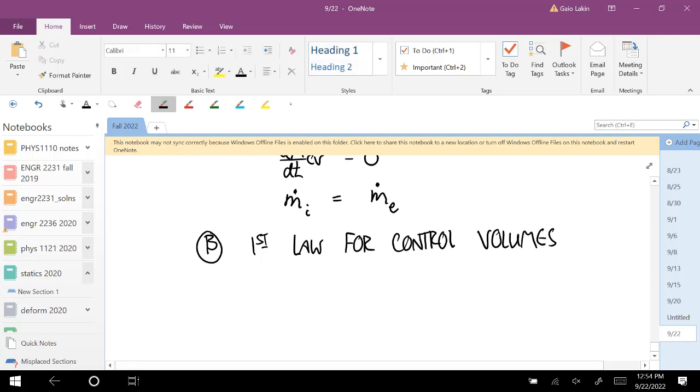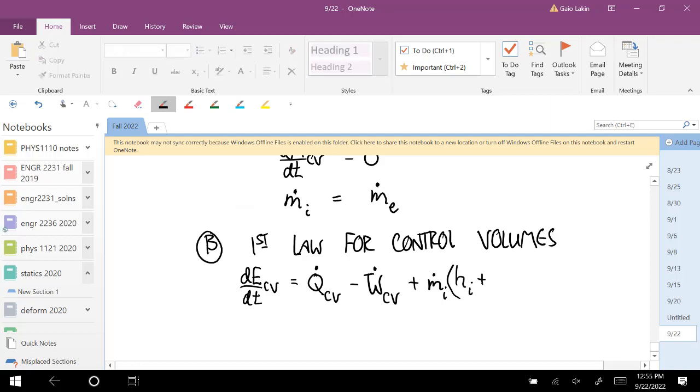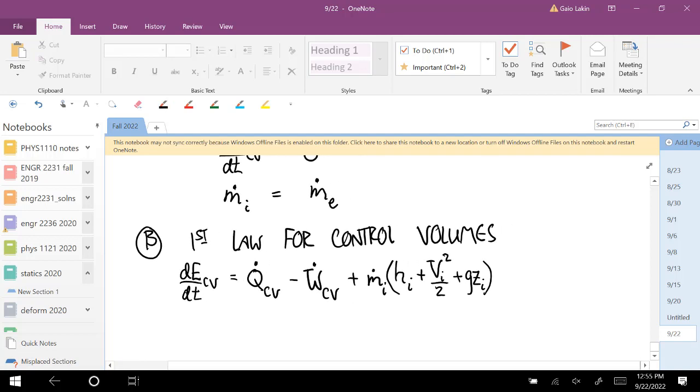And that's that messy equation, dE dt for the control volume is equal to Q dot for the control volume minus W dot for the control volume plus m dot coming in times the quantity hi plus Vi squared over 2 plus g zi, and then minus all that same stuff at the exit.